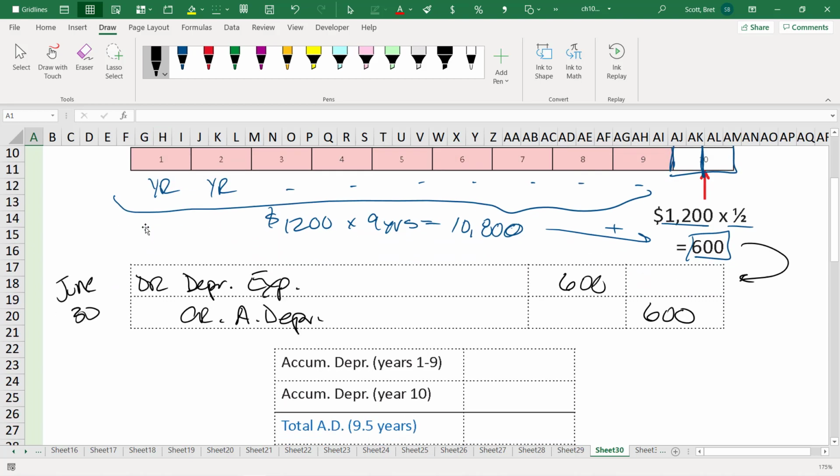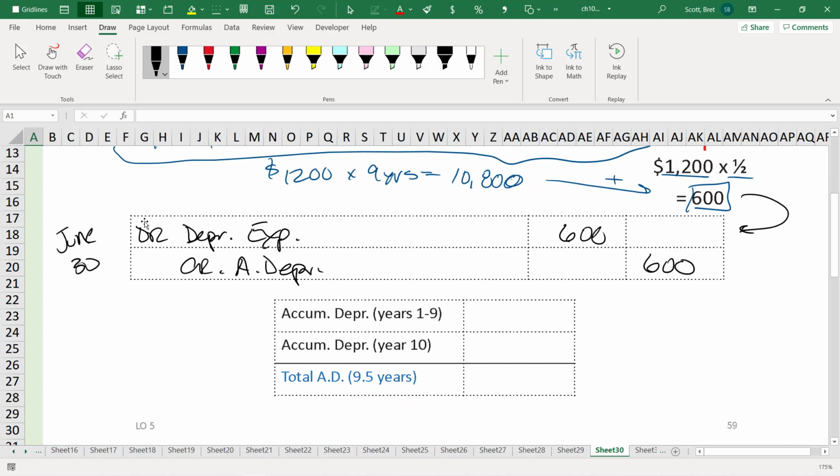When we do that, our total accumulated depreciation at the date we sell this will look something like this. We'll have $10,800 worth of 9 years depreciation, and then half a year for year 10, 600 of depreciation, bringing us to a total of 11,400 of accumulated depreciation.